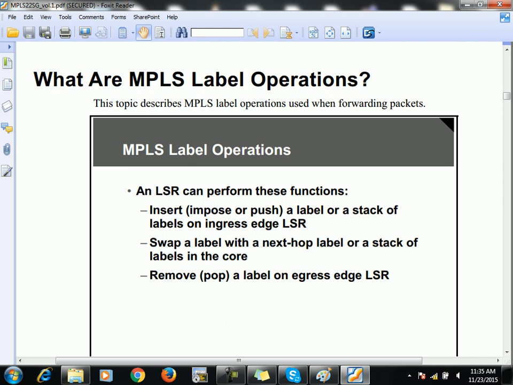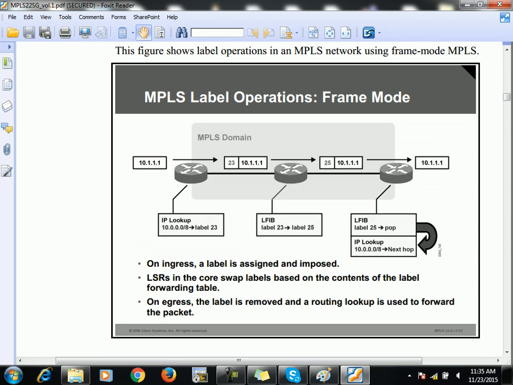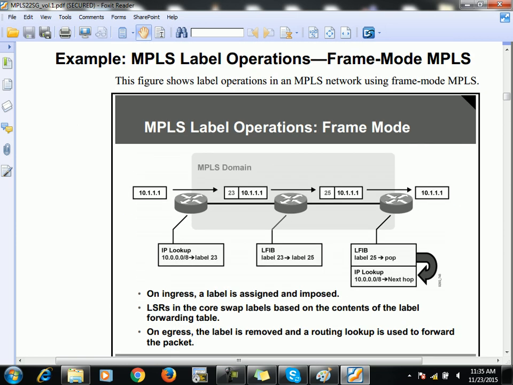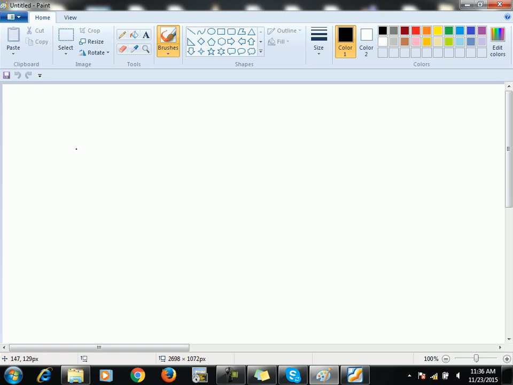Now there are some rules. If a router receives a packet with a label, then it will always perform a lookup in its LFIB, and LFIB resides in its data plane. Fine. So I'm again repeating, if any router receives a labeled packet, which means it is receiving a packet with the MPLS label, then it will perform a lookup in its LFIB.